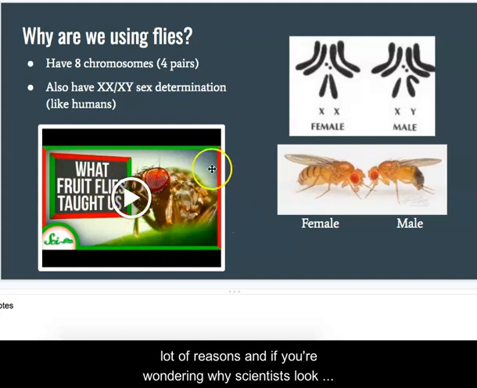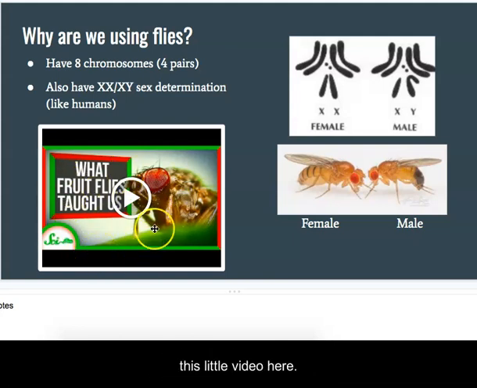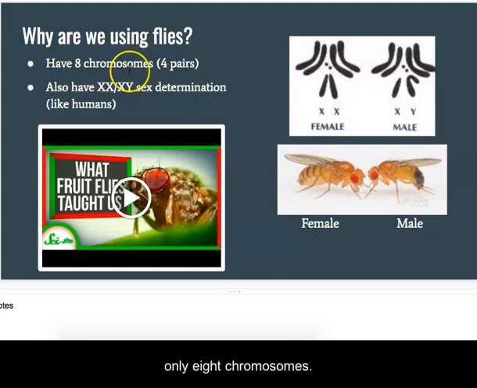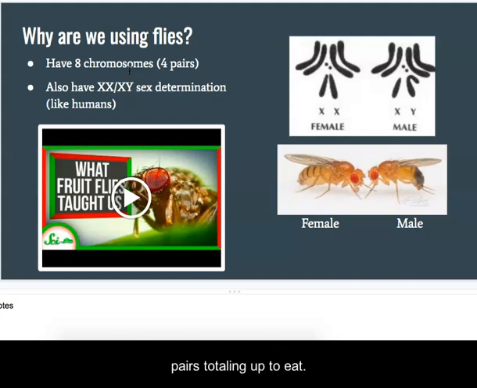And if you're wondering why scientists look at fruit flies to try to learn anything about humans, I put this little video here. But some of the key pieces include the fact that it has only 8 chromosomes. So instead of having 23 pairs totaling 46 like we do as humans, they have 4 pairs totaling up to 8.